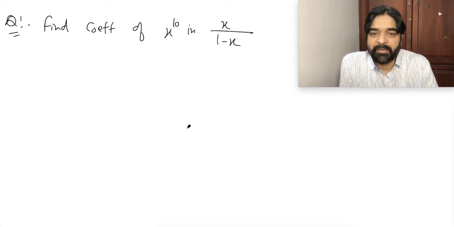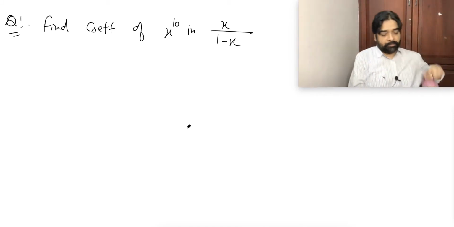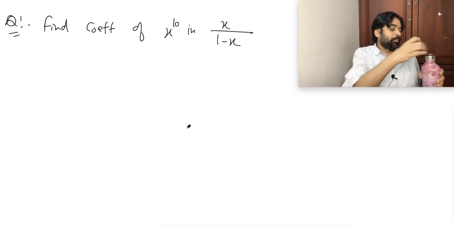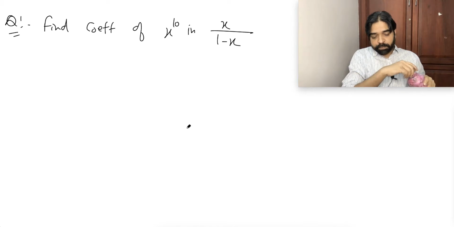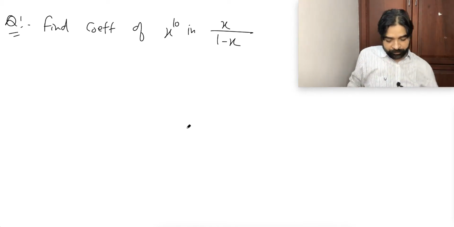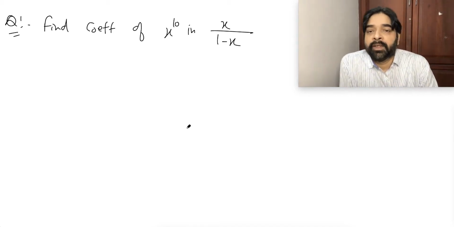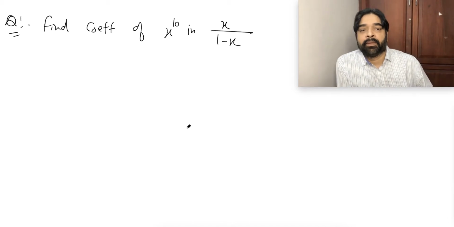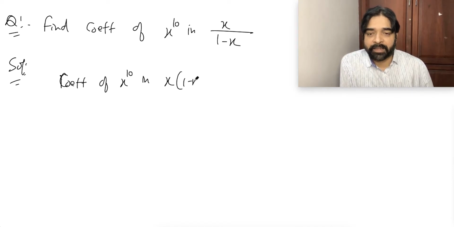Looking strange, eh? x by (1 - x), where is x^10? Done? Check it here. This I will write: coefficient of x^10 in x into (1 - x)^-1.